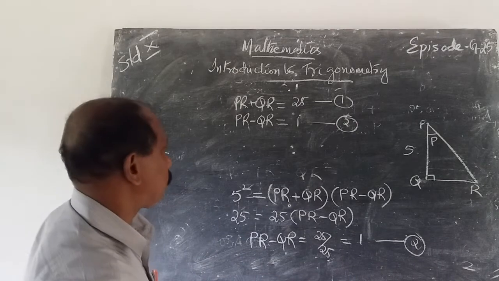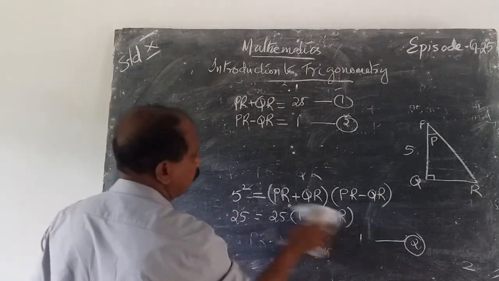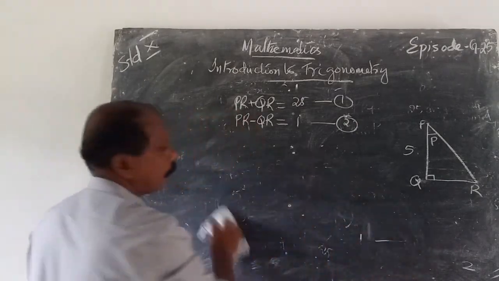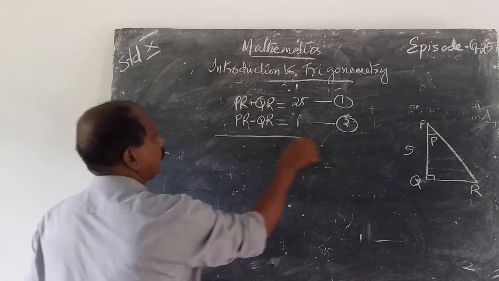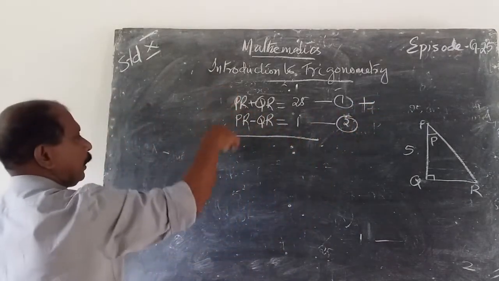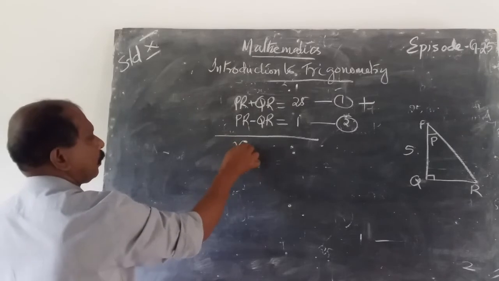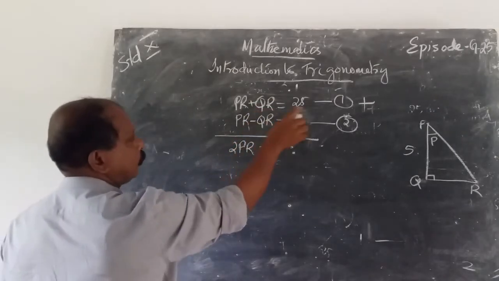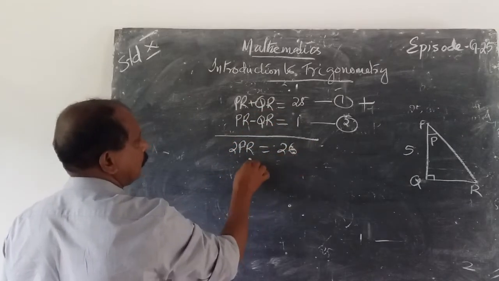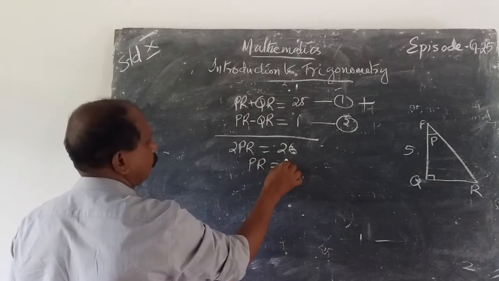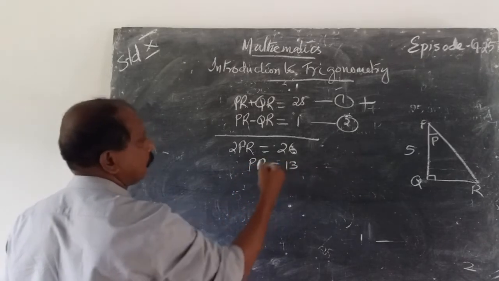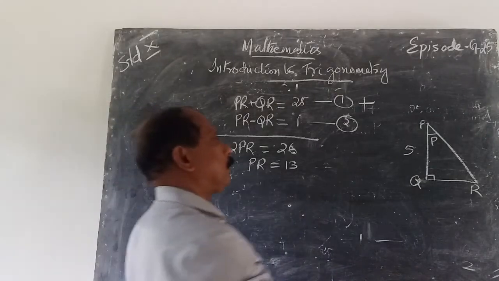One is plus QR, other is minus QR. Adding these two, PR plus PR, 2 PR, cancel these two, is equal to 26. Therefore, PR is equal to 26 by 2, that is 13. Therefore, this is 13.